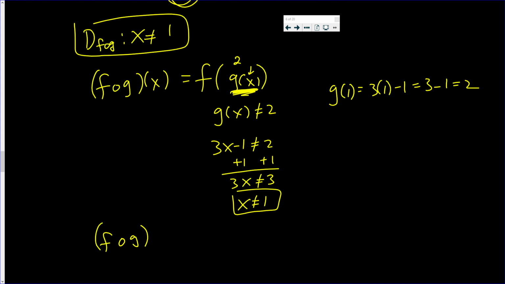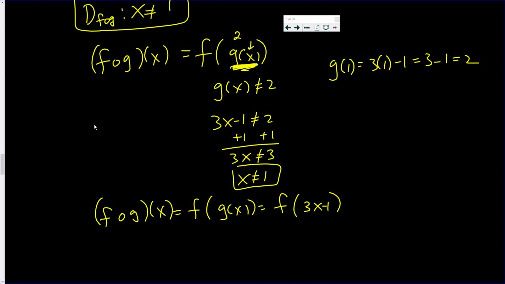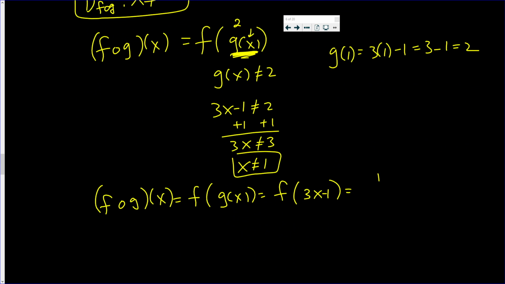Now, what is f circle g of x? Well, it's f of g of x. And g of x is 3x minus 1. And what does f do? It puts a 1 on top, and it takes away 2 from what's inside in the bottom.